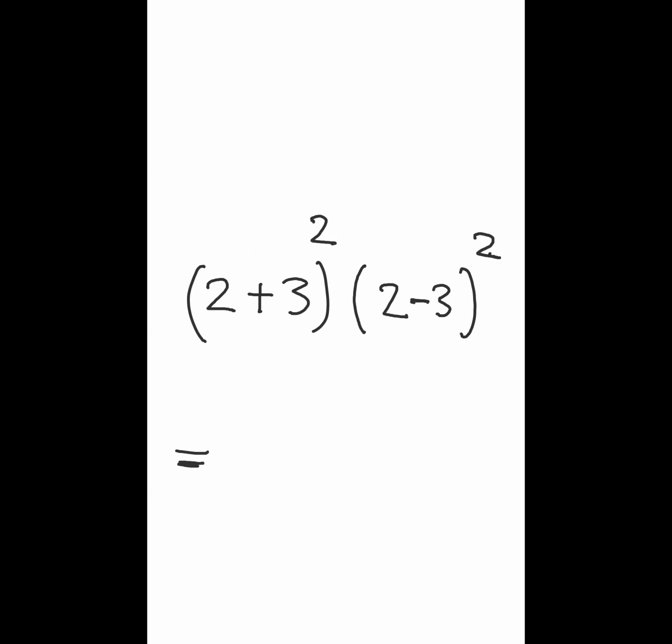We said that it is the first term squared minus the second term squared, right? Which is a squared minus b squared. So it will equal 4 minus 9, which equals -5.